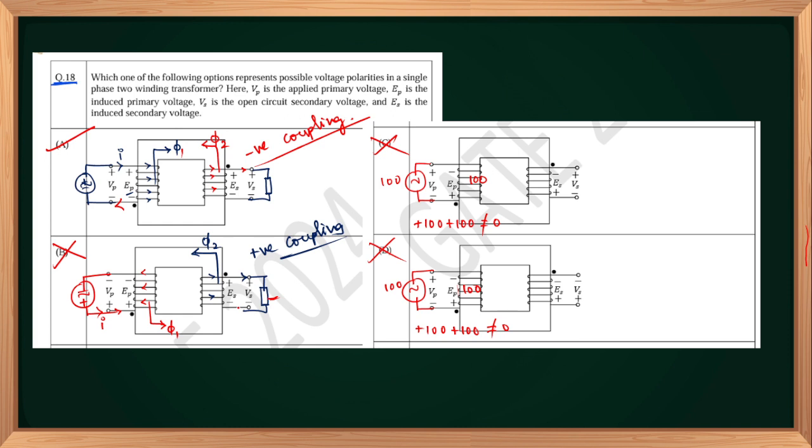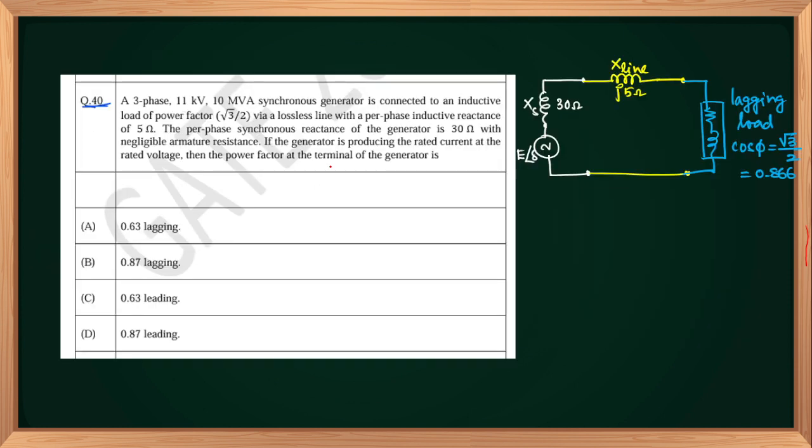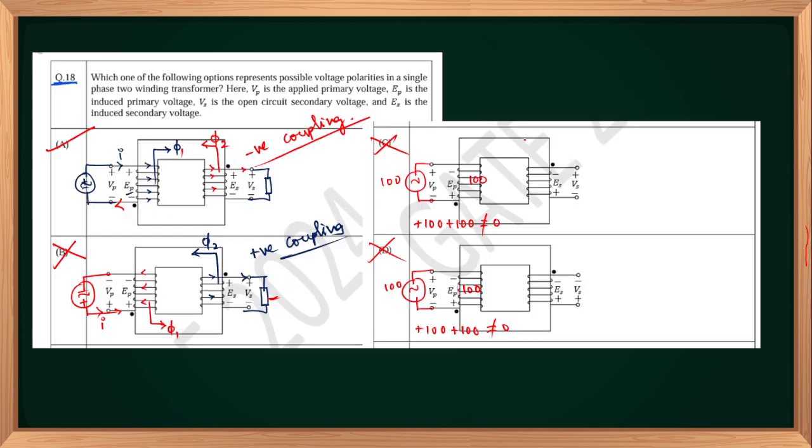Otherwise, no. Dots can be taken in any manner. So better you go ahead with just KVL and coupling, negative coupling or positive coupling. So select the negative coupled device. A is the correct answer. And coming to this question, of course, this is a previous one. This one is a 1 mark question.